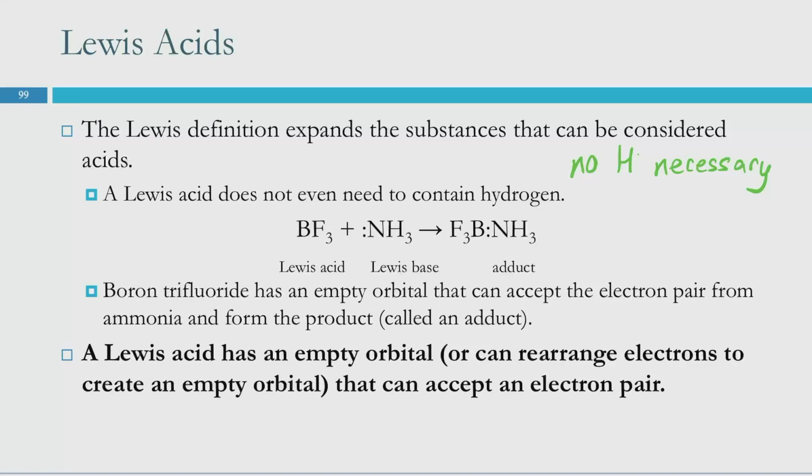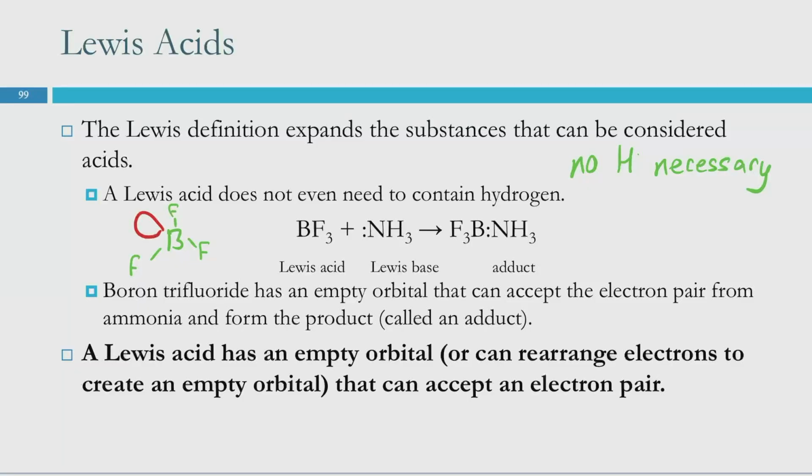For example, we could have boron trifluoride and ammonia. And you may remember from Lewis structures that boron is happy with just 3 bonds. And it's not going to have any lone pairs on it either. So boron has an empty orbital.